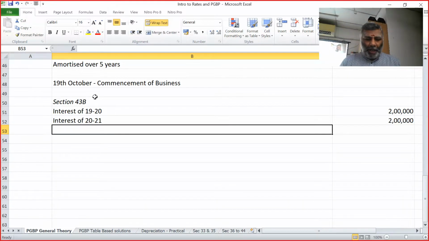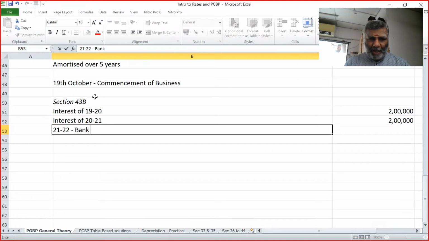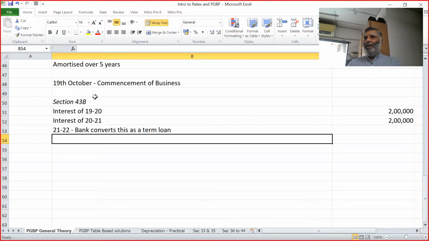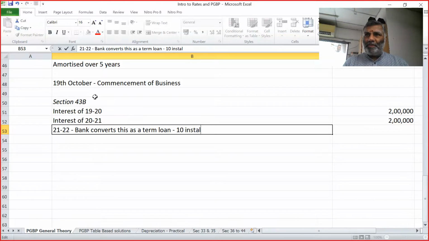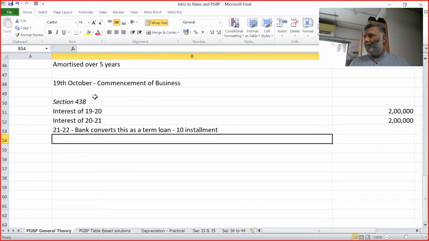In 2021-22, the bank converts this as a term loan. Bank converts this 4 lakhs to be paid in 10 equal installments.